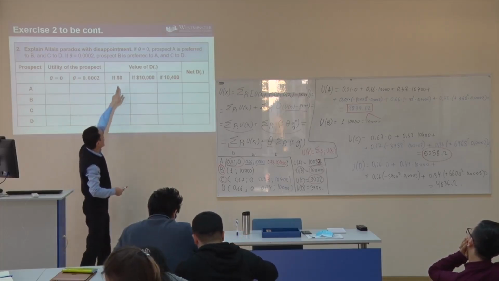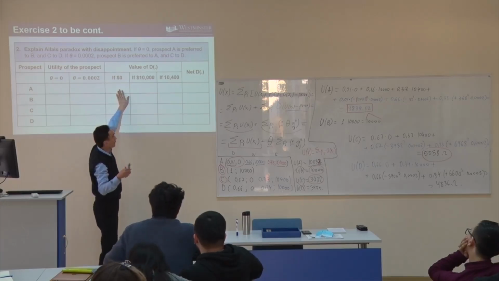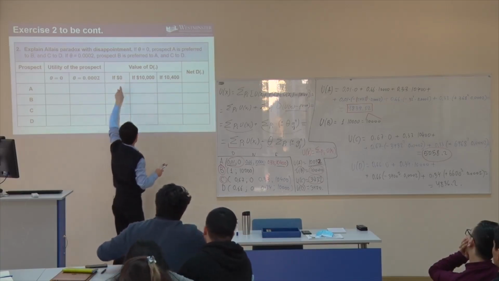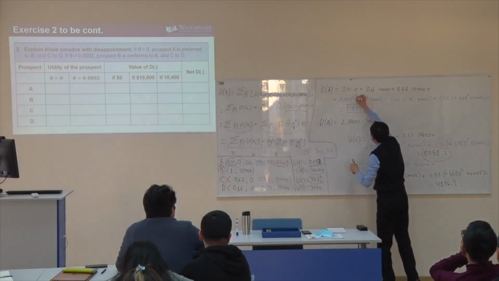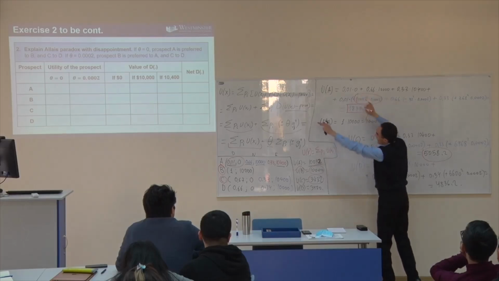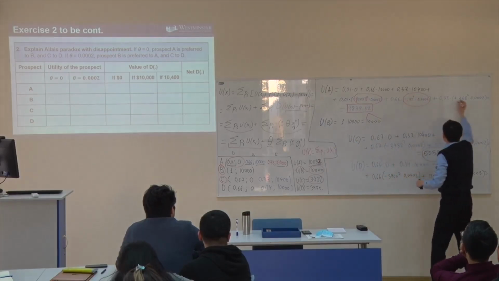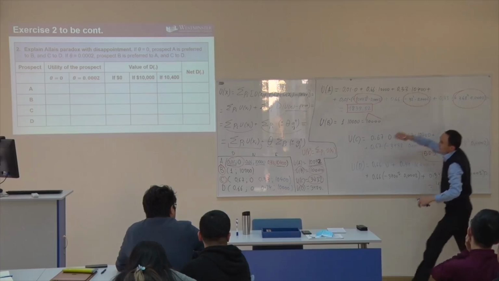Okay? Look students, if you are in the book, if you would like to know where these numbers come from, if 0, this one, it represents this one. If 10,000 represents this, okay? If 10,400, it represents this.